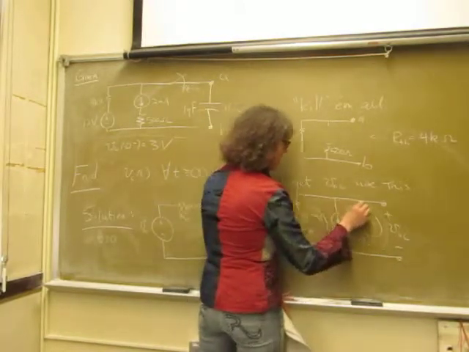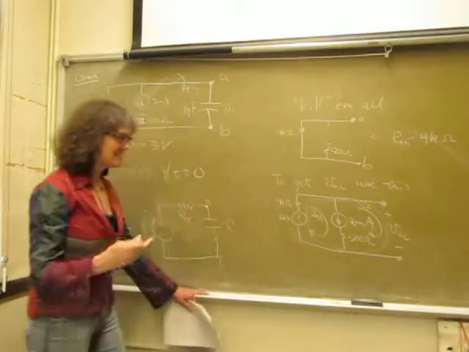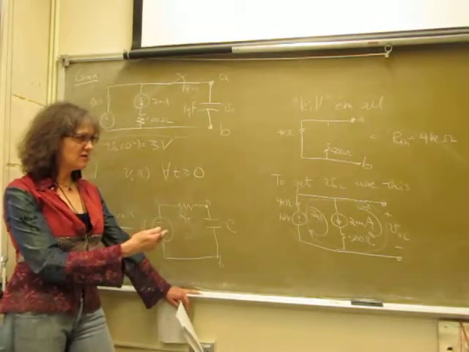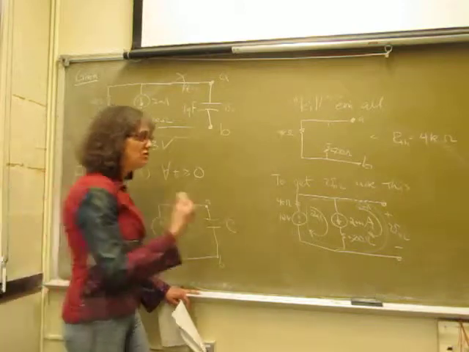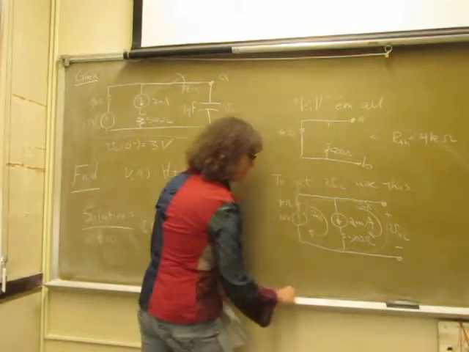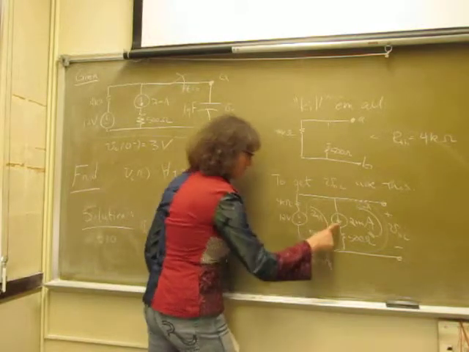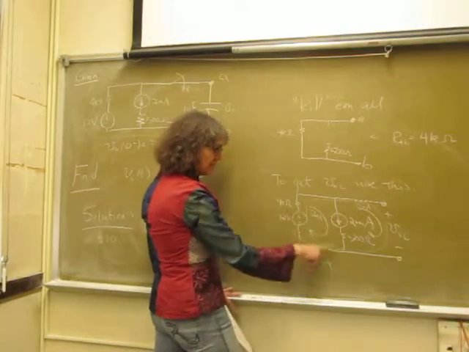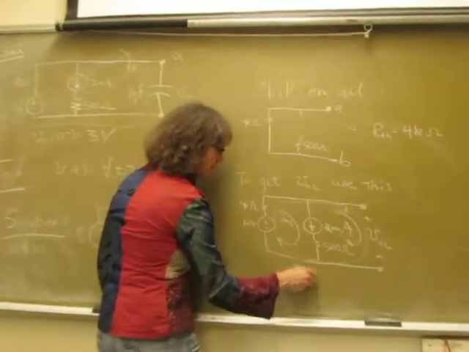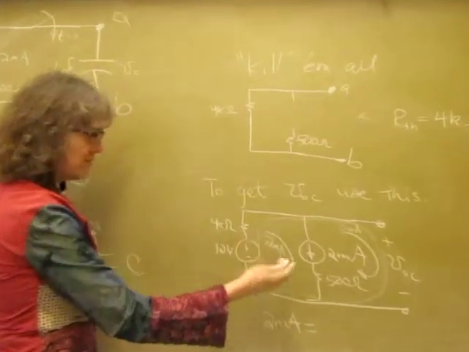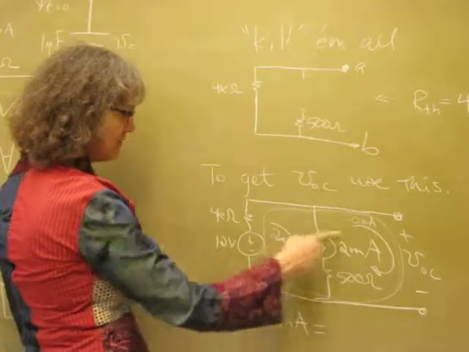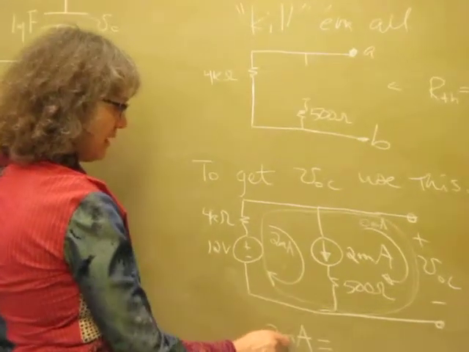And then in that step, you would not just identify the super mesh, but you need to write out an equation that shows the current of that current source and how it relates to the mesh currents on either side. Well, this is a little trivial because I actually already used that idea.